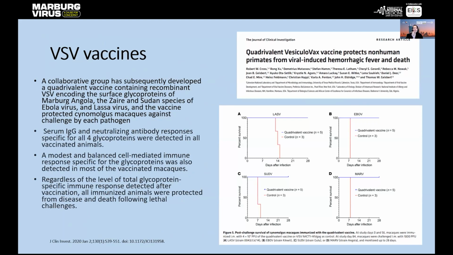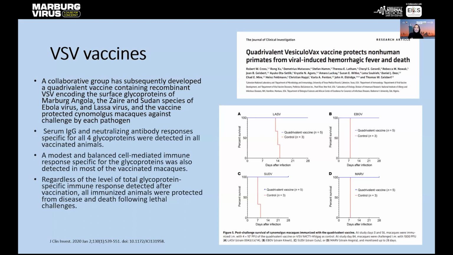The VSV collaborative group subsequently developed a quadrivalent vaccine containing recombinant VSV encoding the surface glycoprotein of the Marburg, Angola, Zaire, and Sudan species of Ebola and Lassa virus. The vaccine protected the macaques against challenge by each pathogen.